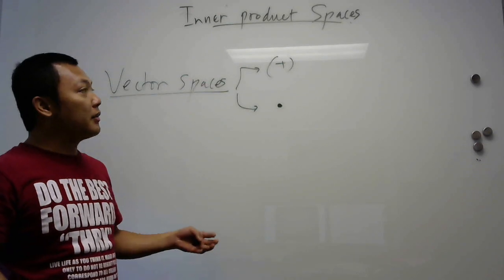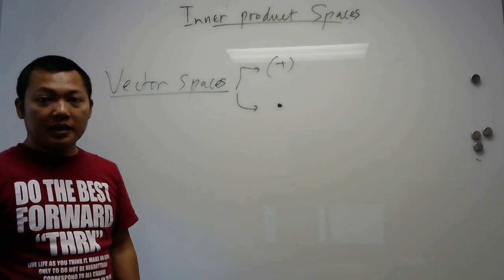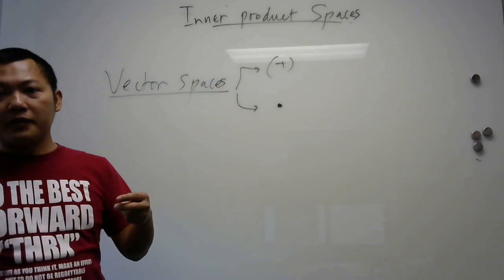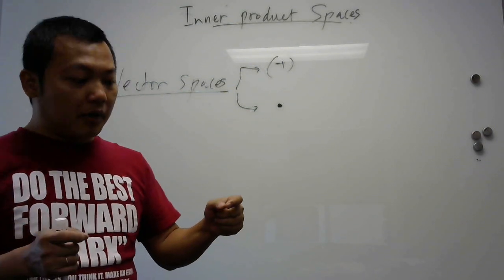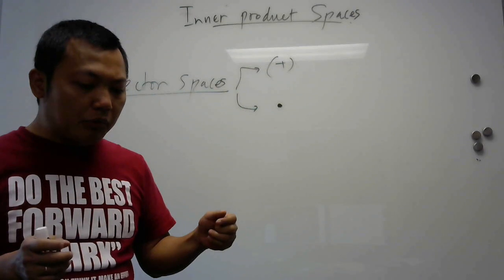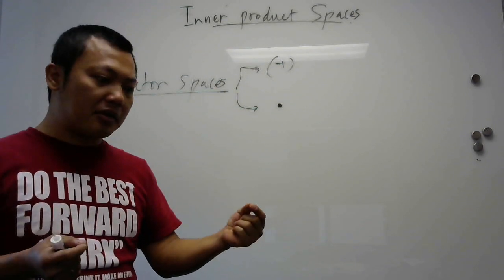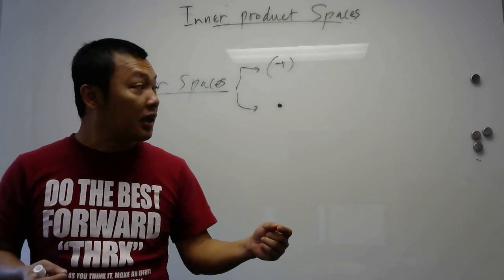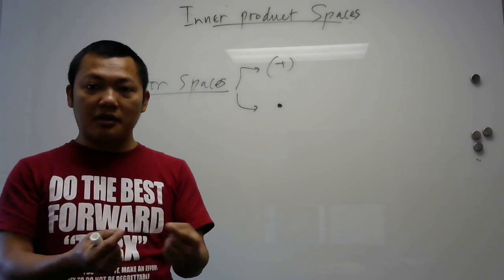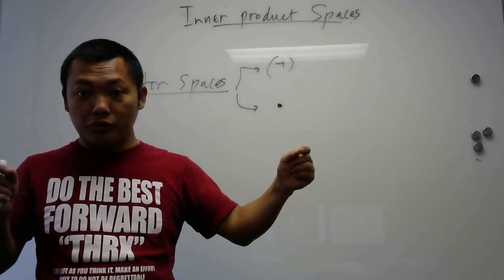We don't know how to measure. Each vector in a vector space is a point, and we know how to represent a vector as a linear combination of other vectors, if possible. But we don't know how to measure the distance between two vectors, between two points.